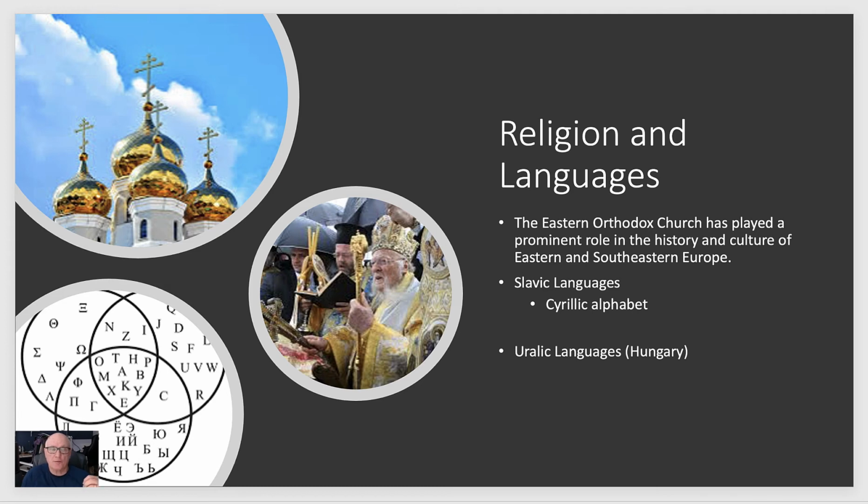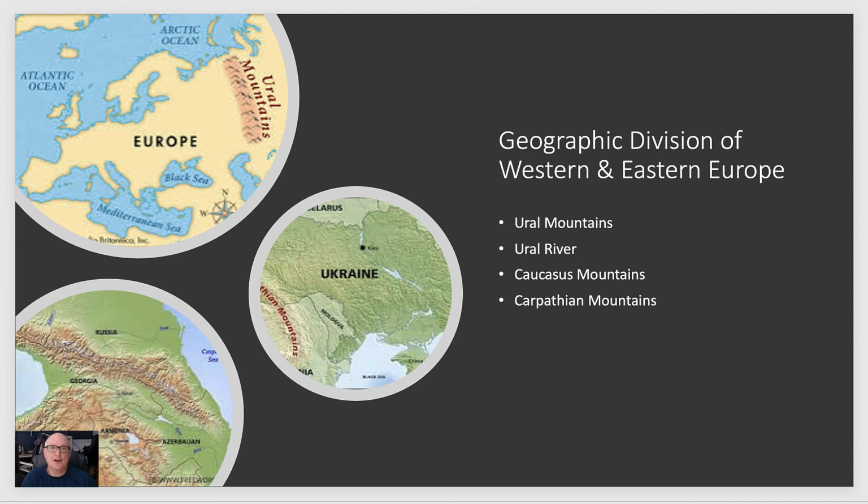So this part of the world is similar to what we've studied, but very different in terms of its language and religious orientation. There's a geographic division between Western and Eastern Europe, and usually it's thought of as several mountain ranges. So in this large map of Europe, you'll see where my cursor is, there's a huge area called the Ural Mountains.